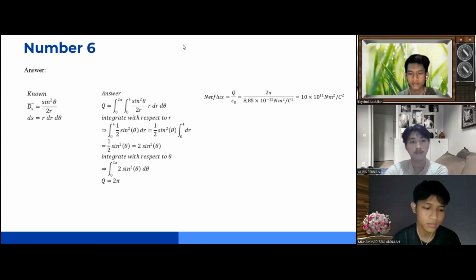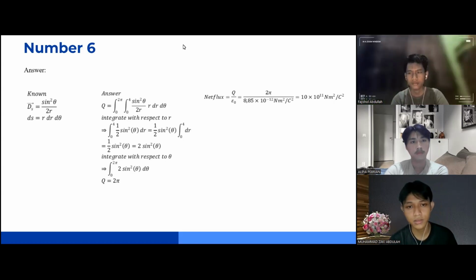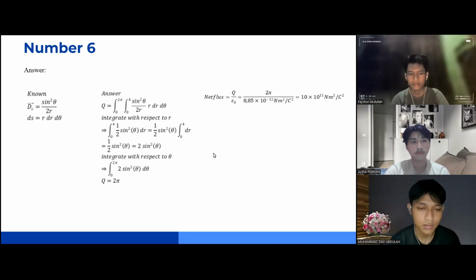The integral 0 to 4 of 1/2 sin²θ dr equals 1/2 sin²θ times the integral 0 to 4 of dr, and we get 1/2 sin²θ times 4 equals 2 sin²θ. And next we integrate with respect to θ. The integral 0 to π of 2 sin²θ dθ, and we get Q equals π.